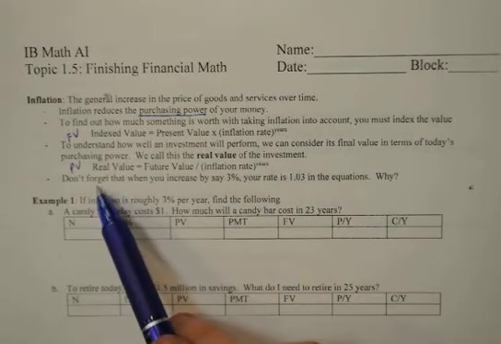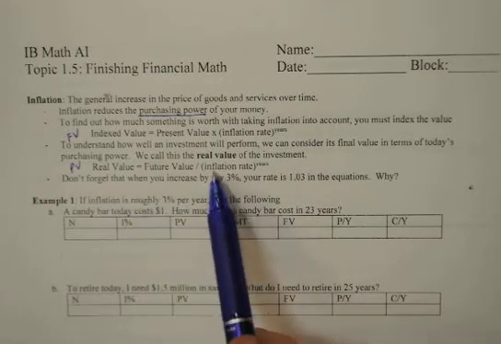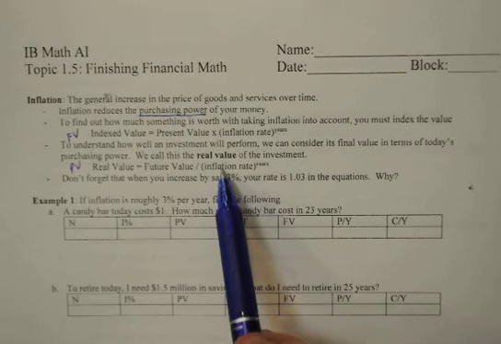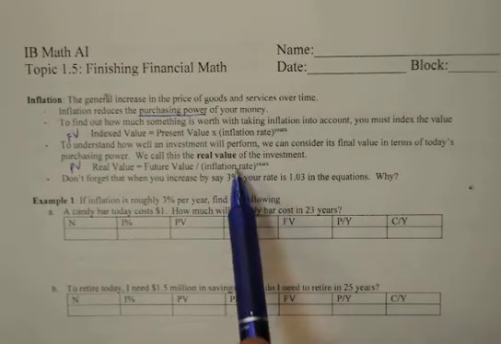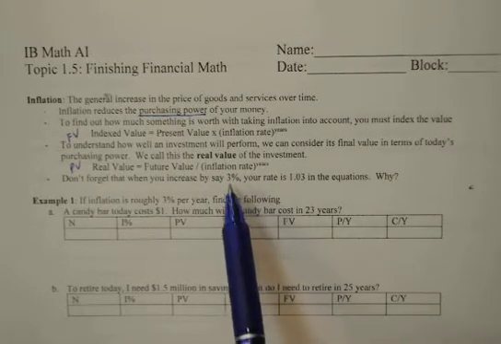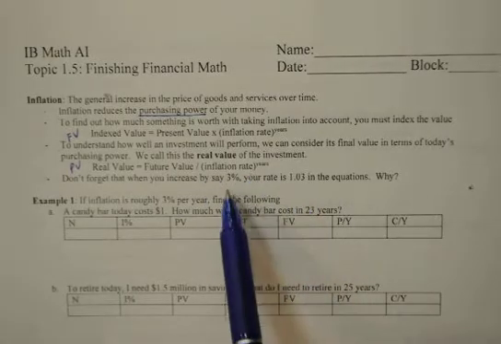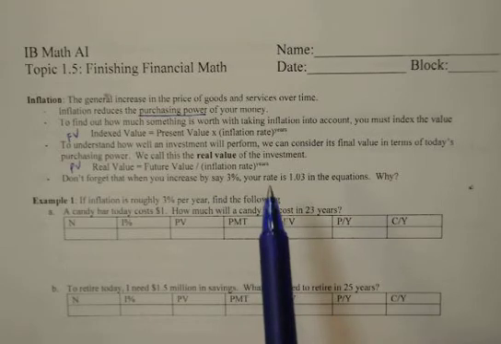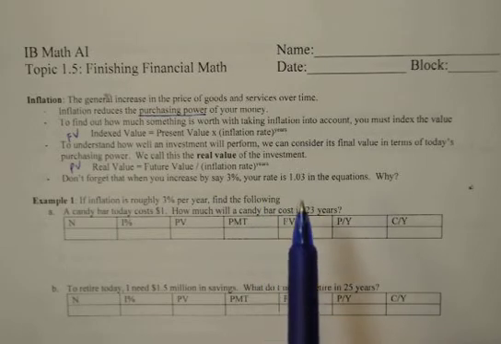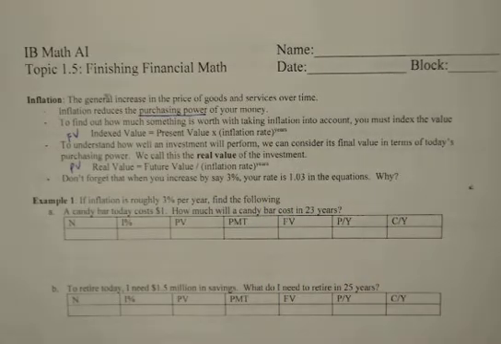We'll do some examples. Don't forget that when you're using an equation like this, not working in the TVM solver, if they say it's an inflation rate of 3%, and you take 3% of something, that's actually going down.